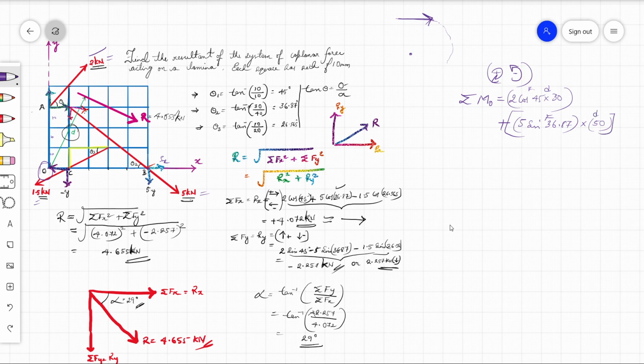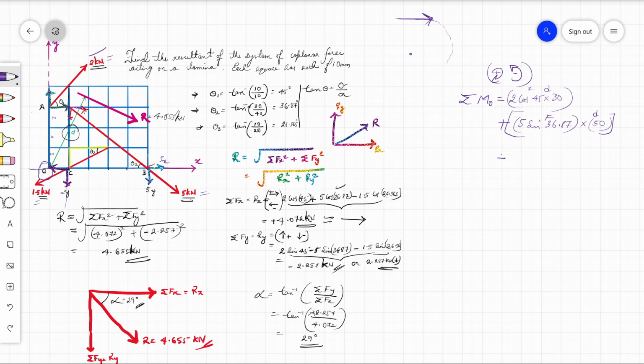Again, our last force is this 1.5 kilonewton, and one component of this 1.5 kilonewton is passing through the moment center, and one more is perpendicular, which is having a definite distance of 1.